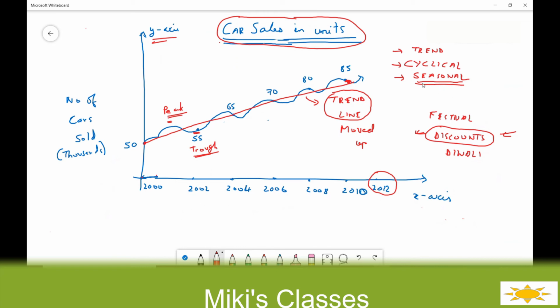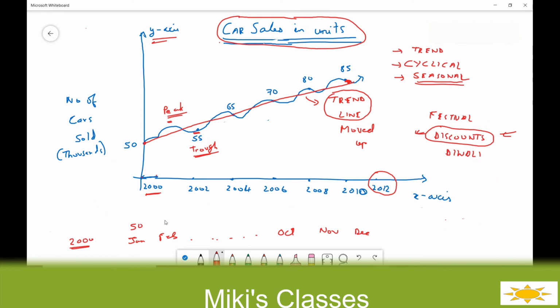So seasonality, the seasonal component, is within a year. Suppose we take the year 2000, let's say, and we check the figures for January, February, like this, till October, November, December. So suppose January, the figures were at somewhere around 50,000, as the graph suggests here, 50,000 when it started.